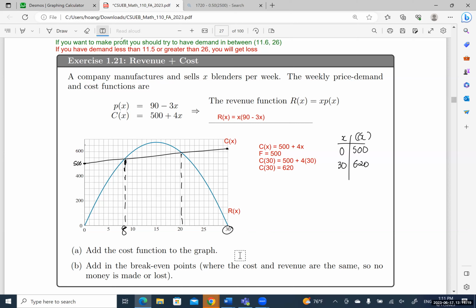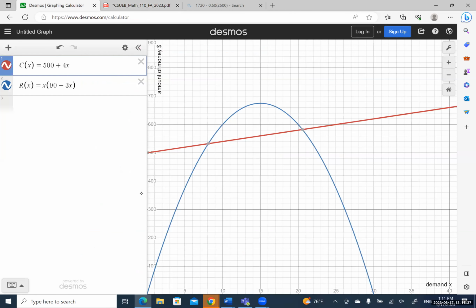So I did add the cost function to the graph. Okay. And I also have the break-even points. If you need the precise point, you should also look at the decimals, and the decimals show it's about 8.1 and 20.5, something like that.